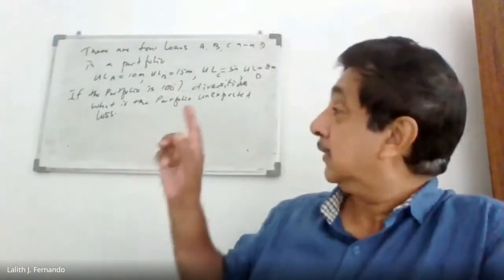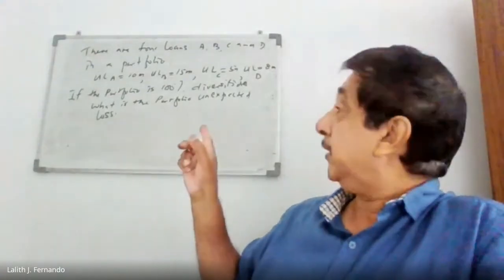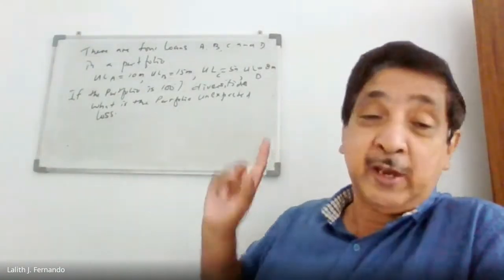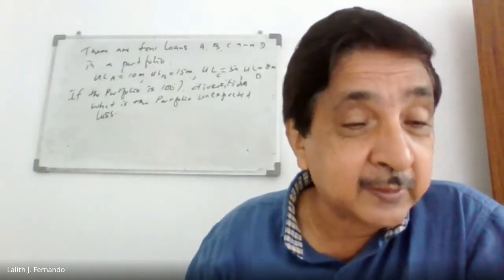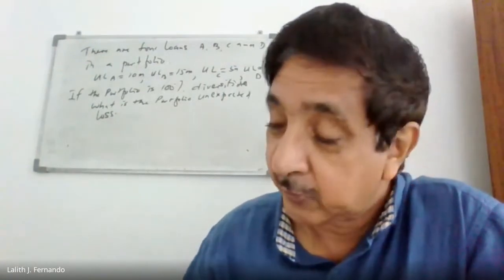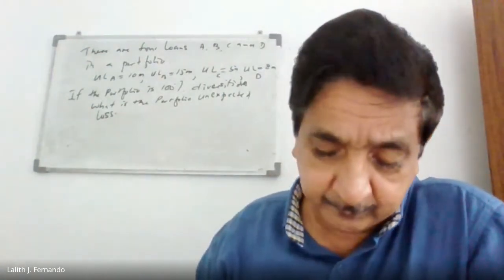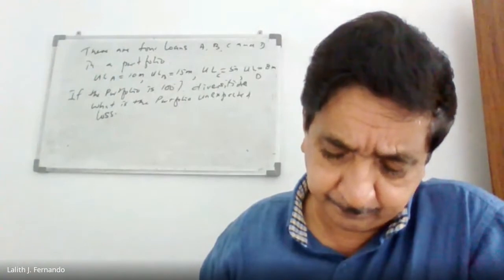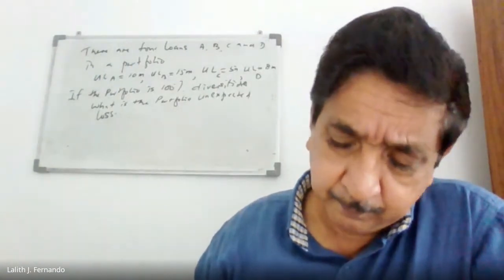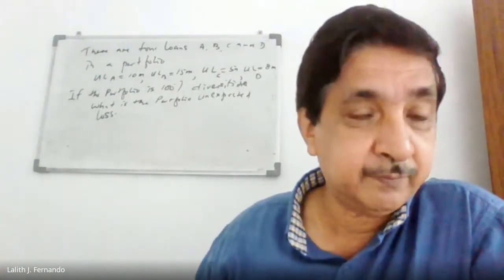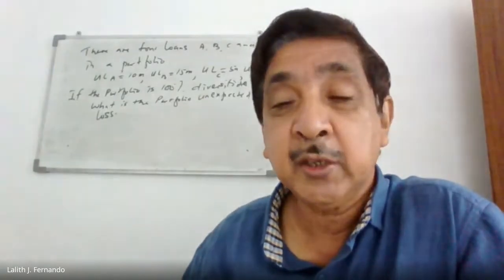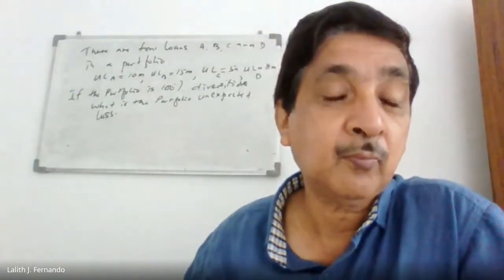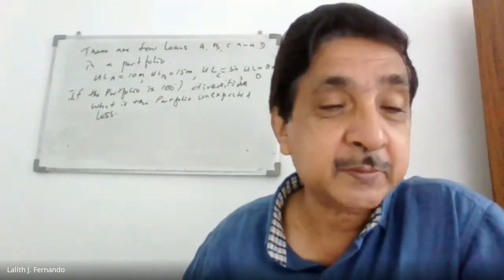That is the 10 squared plus 15 squared plus 5 squared plus 8 squared. And you have to get the total of those squares and get the square root. The total of the squares would come as 414. Then the answer would be, square root of 414 would be 20.34.